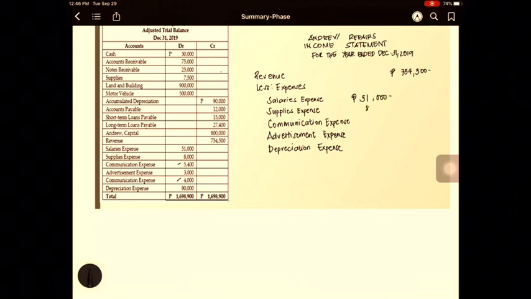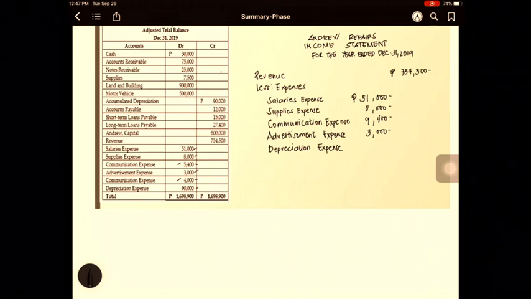Supplies amounted to 8,000. Your communication expense, that is 5,400 plus 4,000, we have 9,400. Your advertisement expense amounted to 3,000 pesos. Okay, let's put a tick mark so that we know that we already included them in our report. Your advertisement expense is okay.